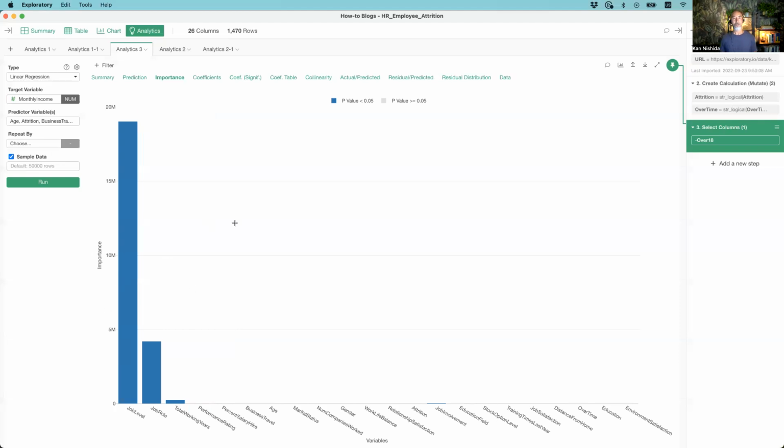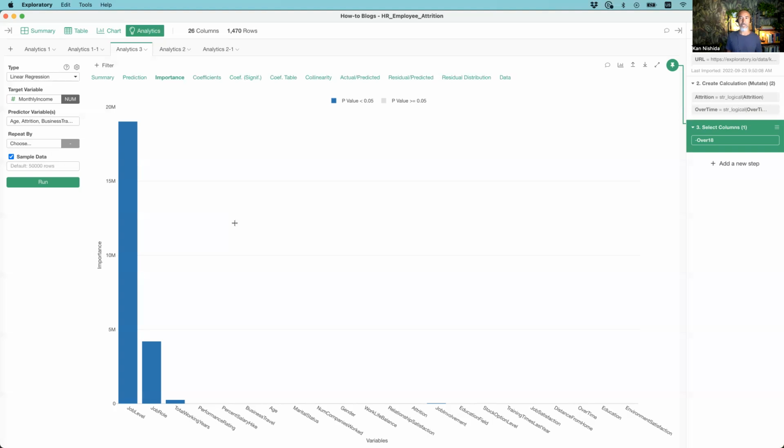And then the next question would be, how is the relationship between job level and monthly income? How is the relationship between job role and monthly income? What I mean is, what happens to the monthly income when the job level is 4, or when the job role is laboratory technician?